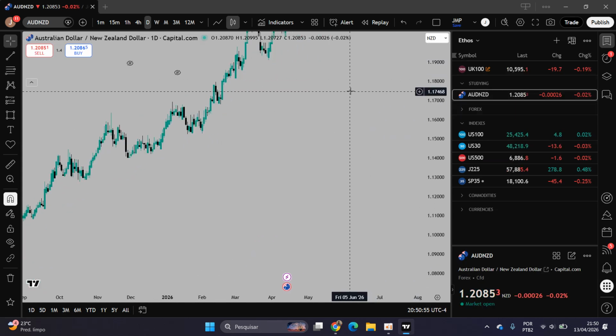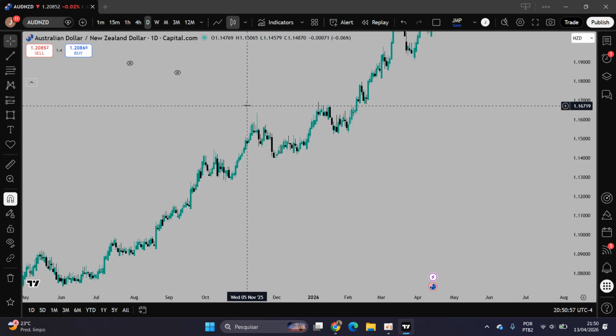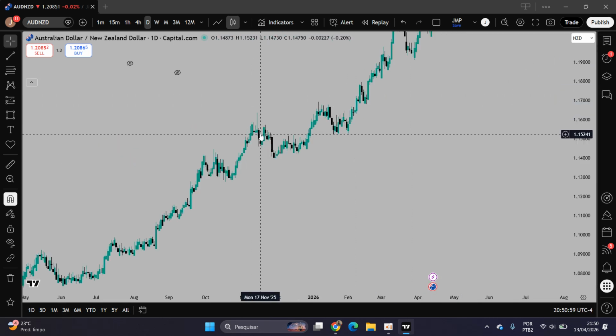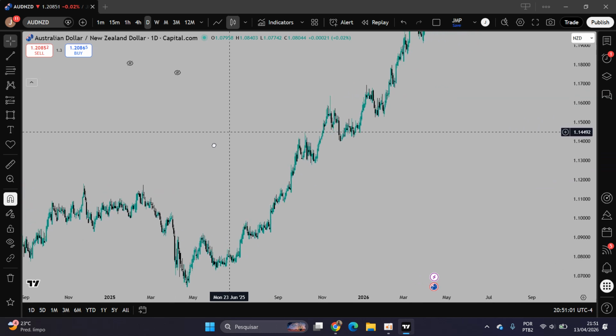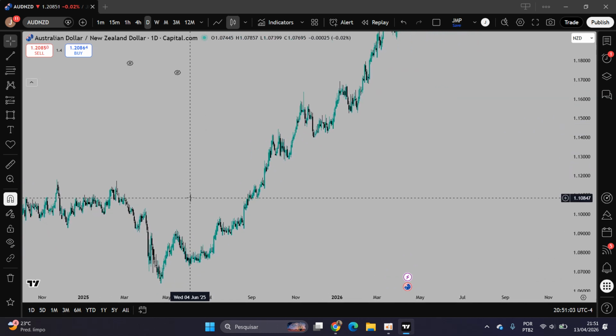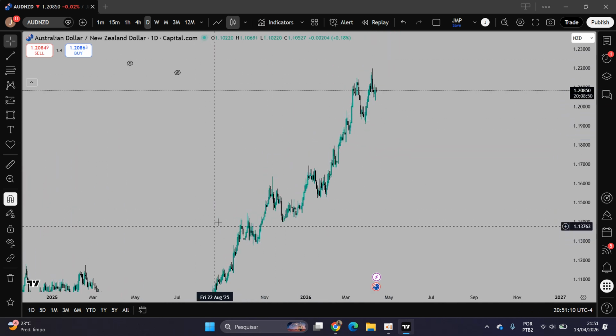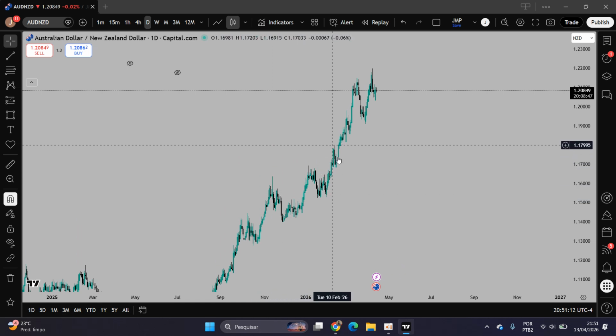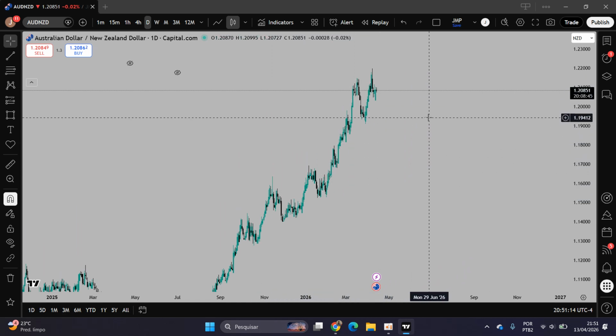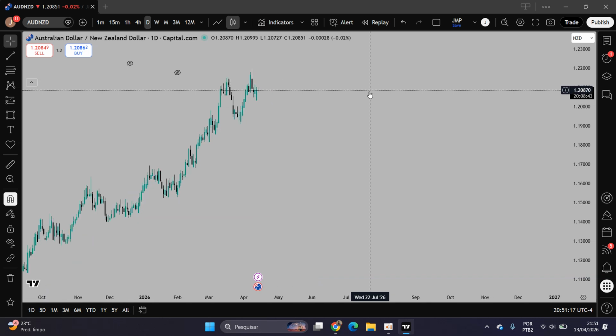You can see that I like this a lot because this is very simple, right? This is a very simple pair, like from June of 2025 to now. Price was just going up, going up, going up, and it's very simple. The simpler the pair, the more obvious the idea of a trade that you can have, the better for you.